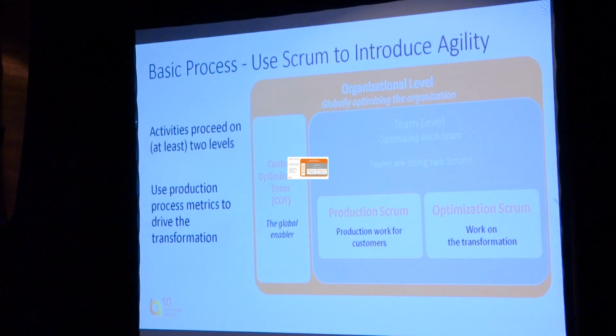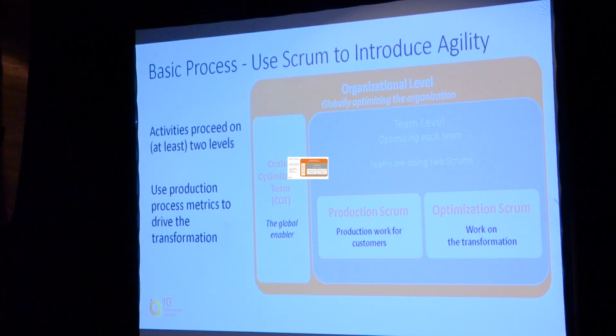All right. So what does it really look like? We have two basic main processes. One at the global, company-wide level, where something that we call the central optimization team, you could call it anything you like, does their work. And then at the level of each team, which transforms the way they work by executing two parallel, simultaneous Scrum processes.